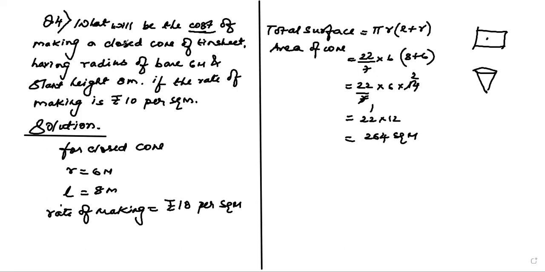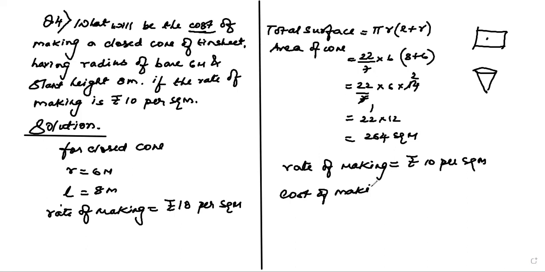Now the rate of making a cone is rupees 10 per square meter. Therefore, the cost of making the closed cone is equal to the total surface area of the cone into rate.